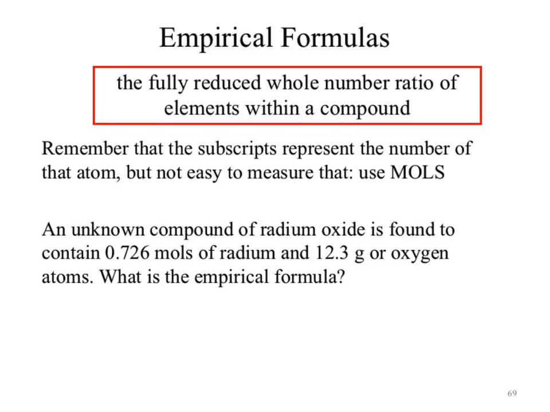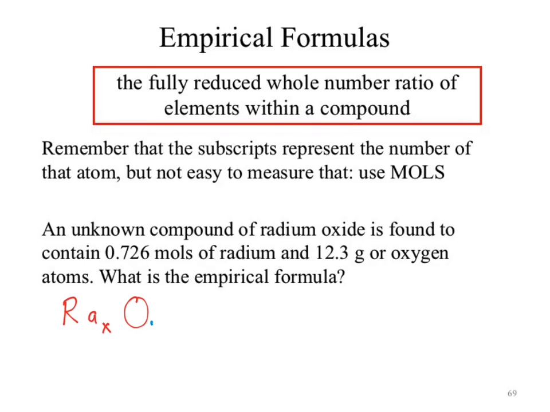So an unknown compound is found to contain 0.726 moles of radium and 12.3 grams of oxygen. What is the empirical formula? Okay. Our empirical formula is our fully reduced ratio. So we would take radium and oxygen, and I want to know how much radium and how much oxygen go into this.